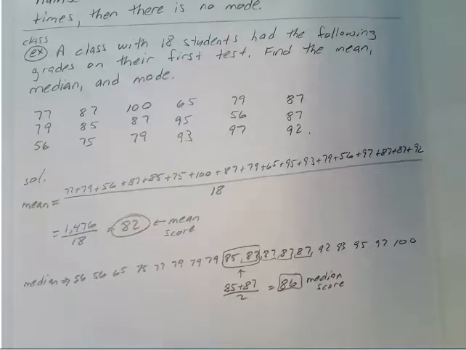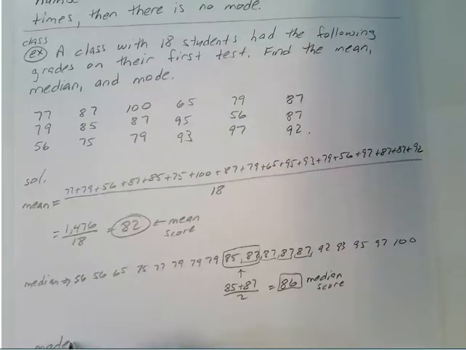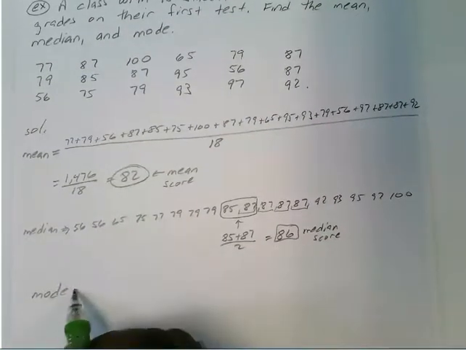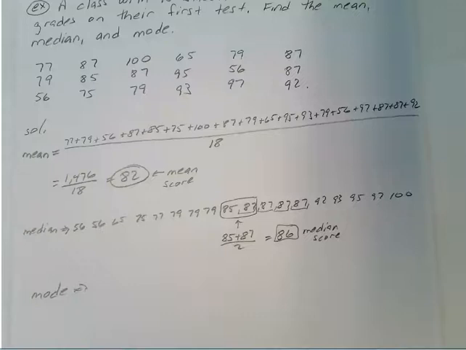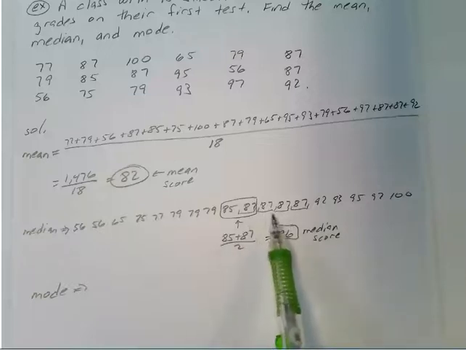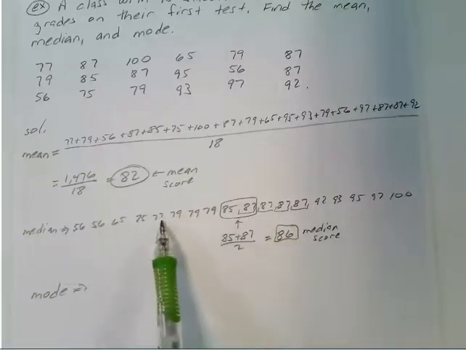Okay, now for your mode, let me move this up. Okay, so the mode really is just which one appears most often. So if you notice up here, 87 appears 4 times. No other value appears 4 or more times.